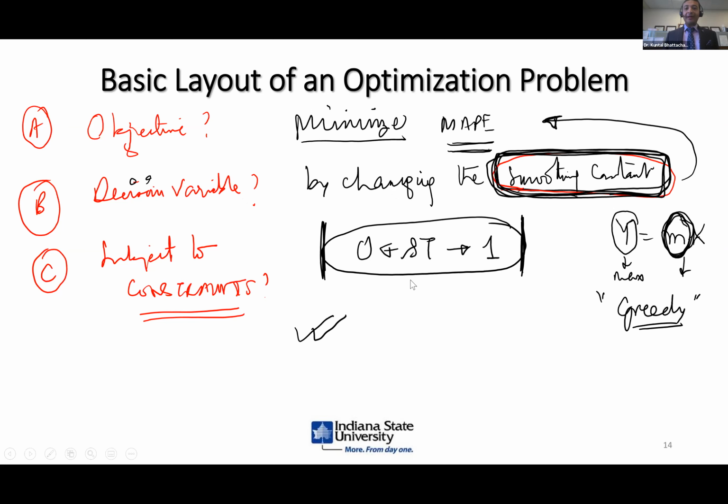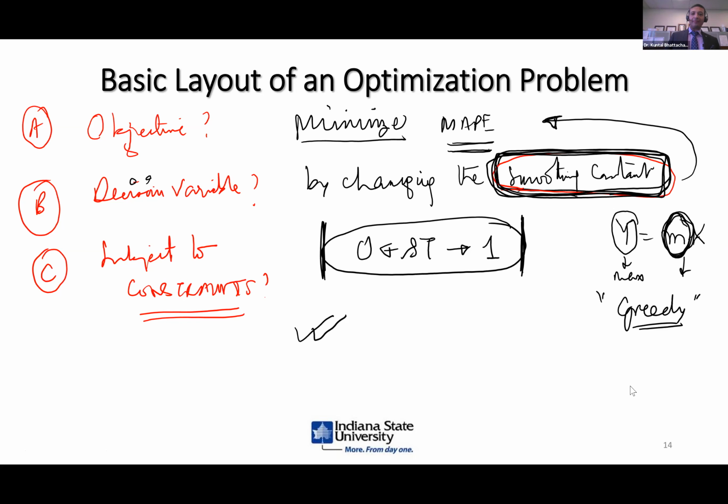And what are the constraints within which I'll ask my software to seek a solution? If there are no constraints, it will find a negative value of the smoothing constant to try and minimize the MAPE. So what are my constraints? Okay. So once I have these three things in place, it's very easy to set up the optimization table, as we'll see right now.